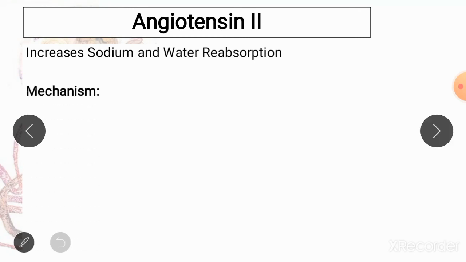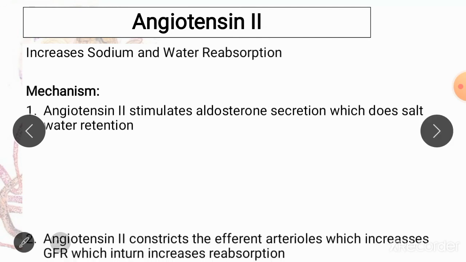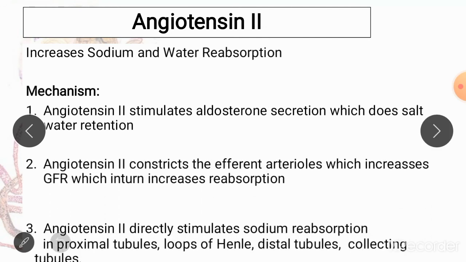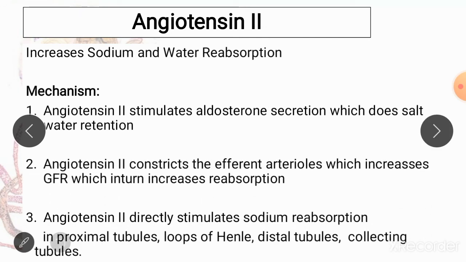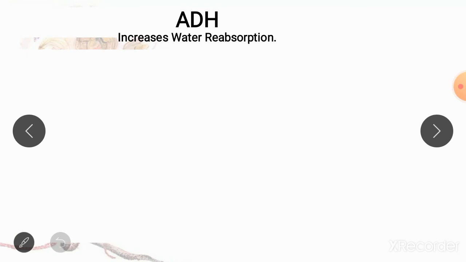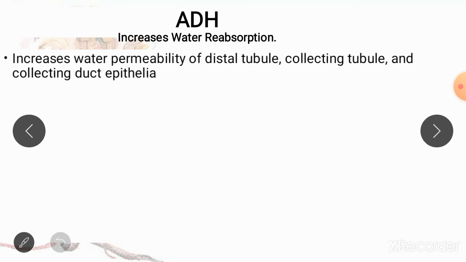Angiotensin 2 is responsible for reabsorption of sodium and water from the proximal convoluted tubules. We are not going to discuss the details over here. You can study the details in endocrinology.